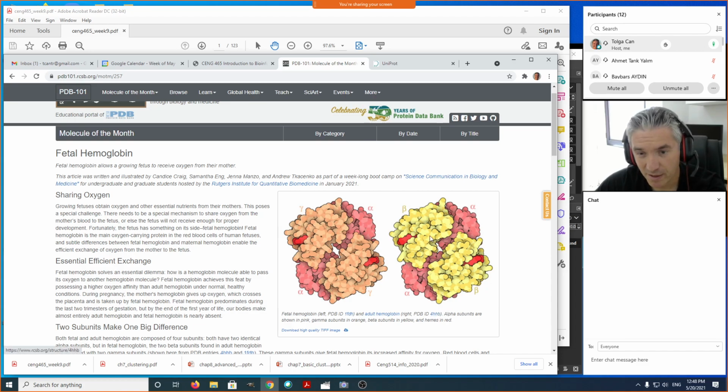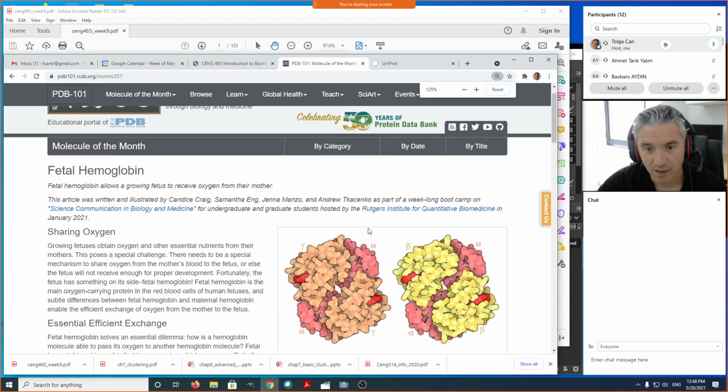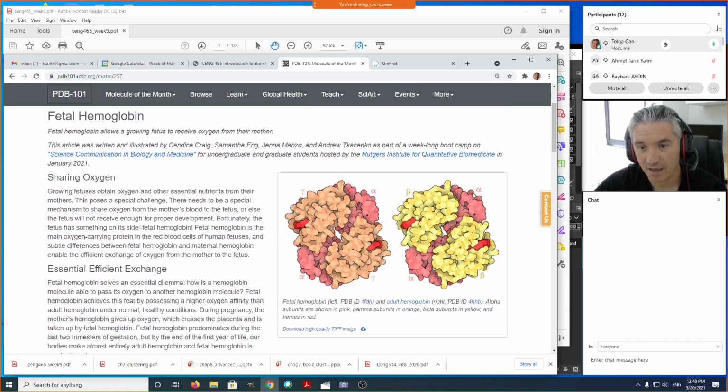But hemoglobin is a protein structure composed of 4 chains, the chains you see here on the right-hand side. There are 2 alpha chains and 2 beta chains. When I say chain, a chain is a sequence of amino acids connected by peptide bonds.